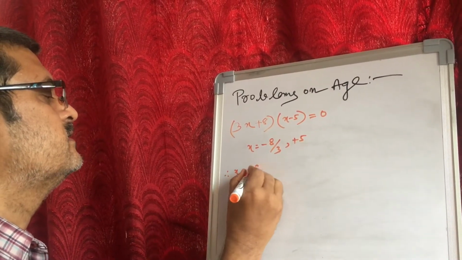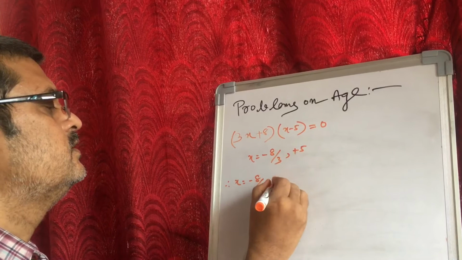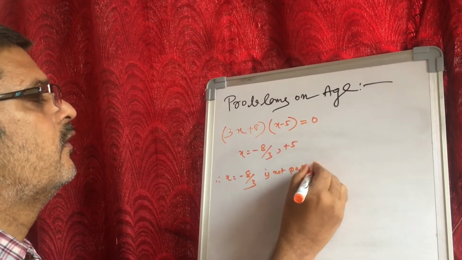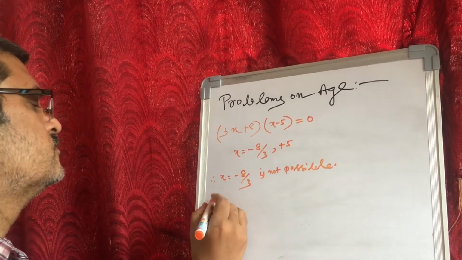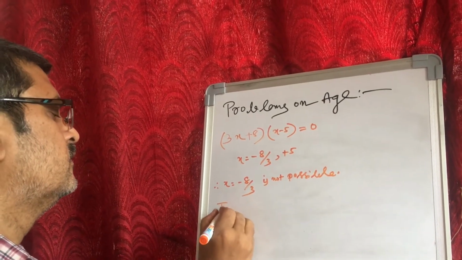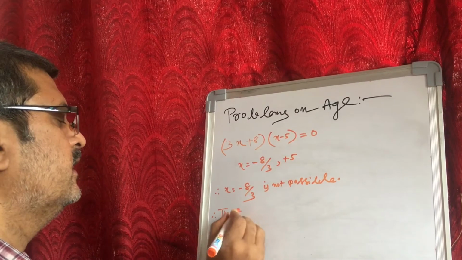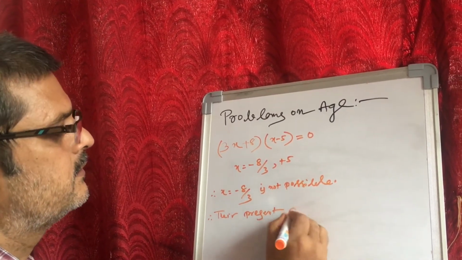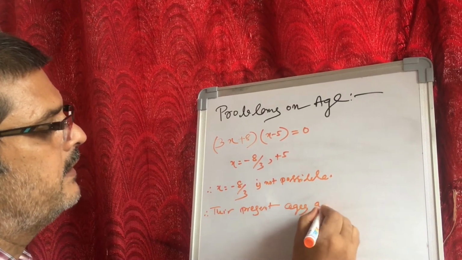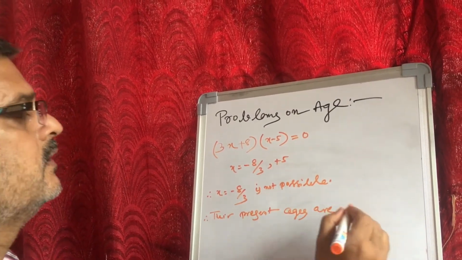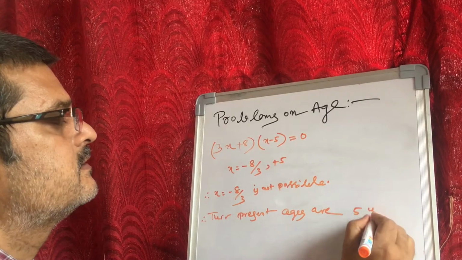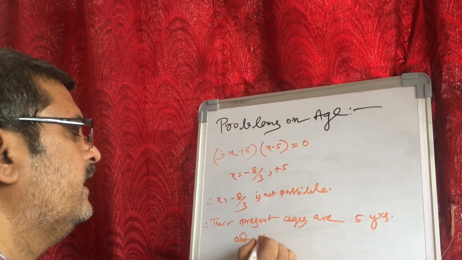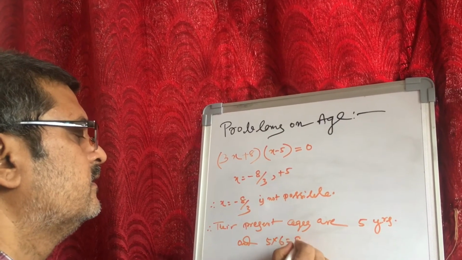Because a negative age is not possible, their present ages are 5 years and 5 into 6, 30 years.